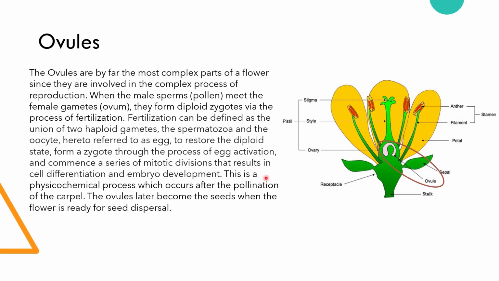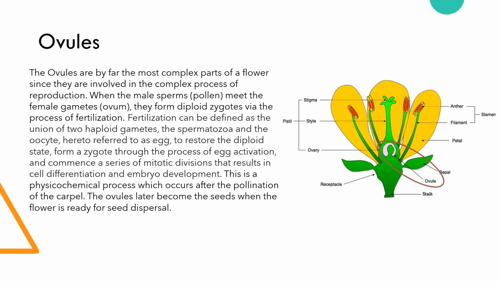So, through the style, the pollen comes and meets the female ovums, and then boom, diploid zygote, aka the embryo, which we have studied is the small plant inside a seed. The rest of this is not that important till we go higher and higher in steps.